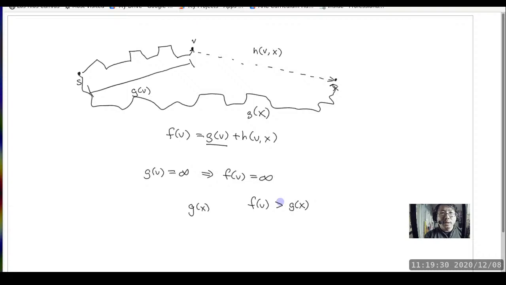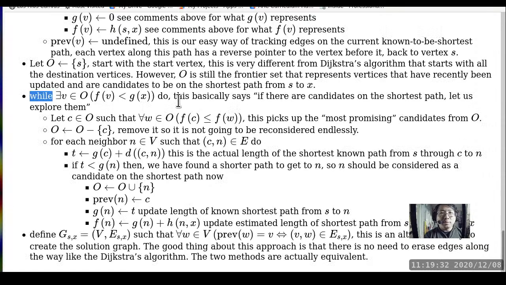Now that we have seen a picture, we switch back to the algorithm, and this condition here is to say, well, if everything in O cannot be on a shortest path between the starting point and the destination, we are done. So if we are looking at the map that we looked at earlier, we want to go from New York City to Kansas City.